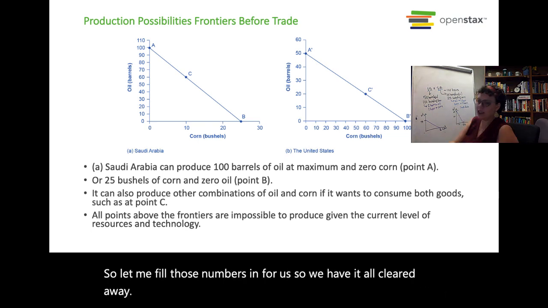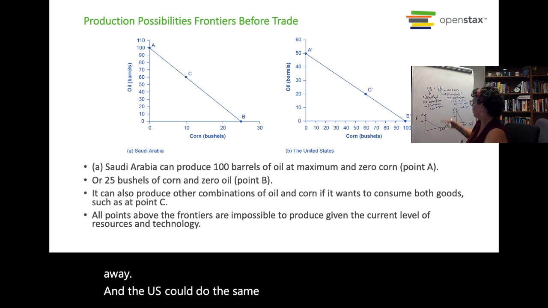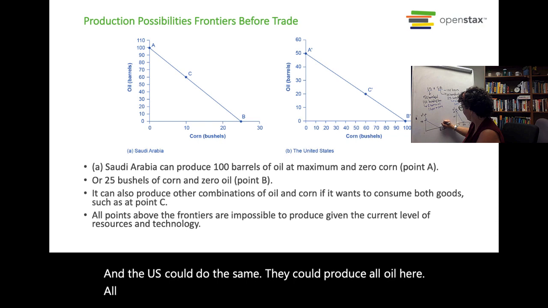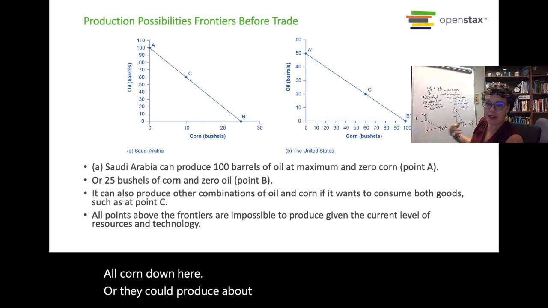And the US could do the same. They could produce all oil here, all corn down here, or they could produce about 50-50, an even mix.